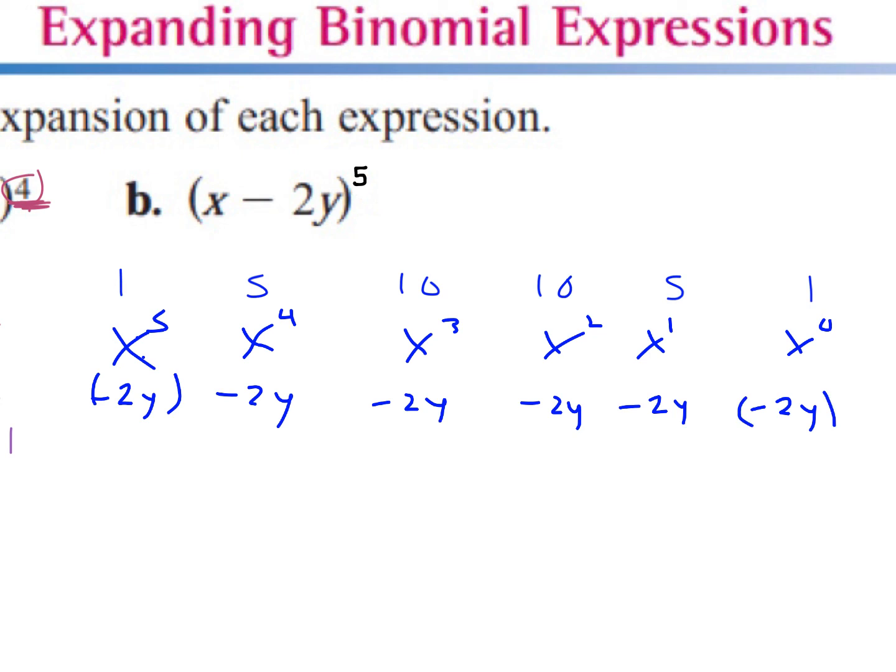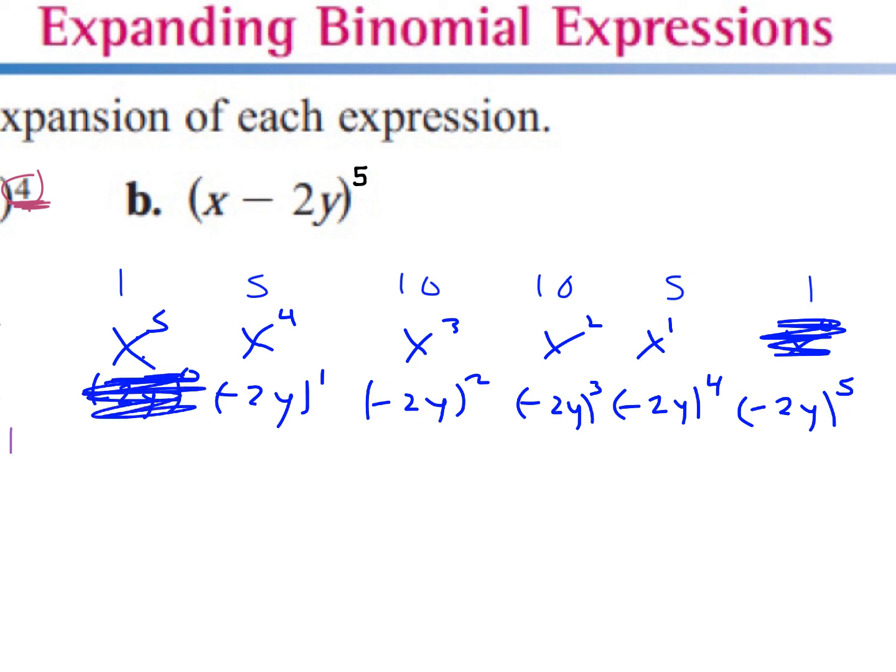For the second term, we start all the way to the right. That's going to have the 5th power, 4th, 3rd, 2nd, 1st, and 0. I'm going to cross the zeros out because we don't need them.